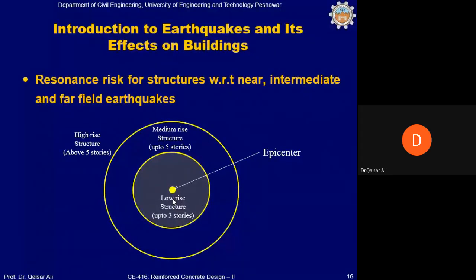Resonance is a phenomenon where the frequency of the forcing function, in this case earthquake waves, and the frequency of the object, in this case the structure, match. This match is called resonance, and it is basically an in-phase motion. When the earthquake waves move in one direction, the structure also moves in the same direction, slowly and gradually increasing the amplitude of the structure's displacement, and finally it can cause collapse of the structure.